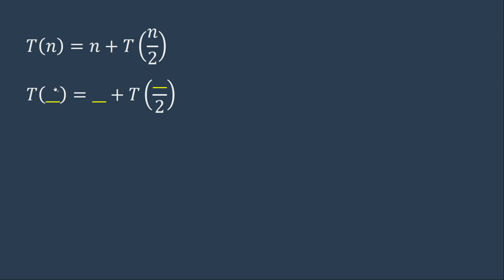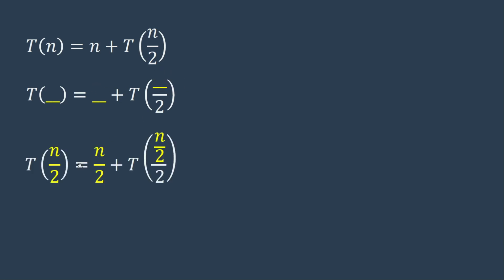If you put something here, let's say x, you put x here, and you also put x here. You'll replace all instances of n. In our case, we'll put n over 2 here, and then n over 2 here, and also n over 2 here. Again, whatever you put here, you also put here and here.